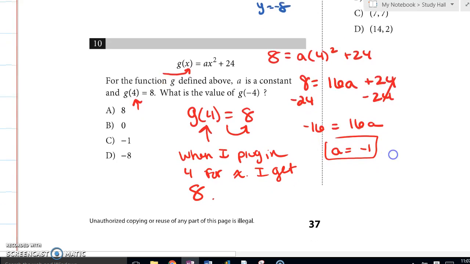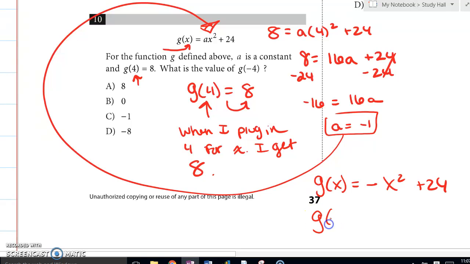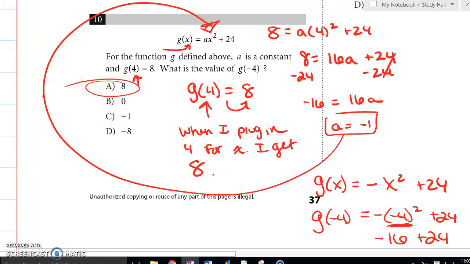So going back to this problem, now you have a normal looking function: g of x equals negative x squared plus 24. Now you can find out any number when you plug it in for x. So I'm going to plug in negative 4. Negative 4 squared plus 24, which is totally what we talk about all the time, the big mistake everybody makes. So we get negative 16 plus 24, which is 8.